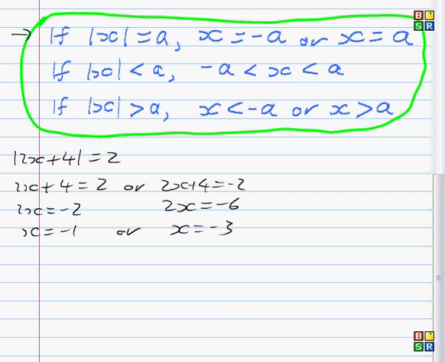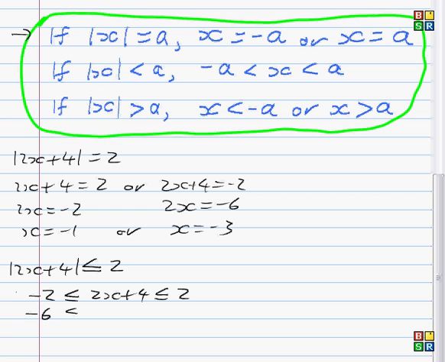If you had a question like the absolute value of 2x plus 4 is, not equal to, but less than or equal to 2, then what you say is 2x plus 4 must be less than or equal to plus 2 and greater than or equal to minus 2. Now in questions like these, you can actually simplify them by just subtracting 4 from all three parts.